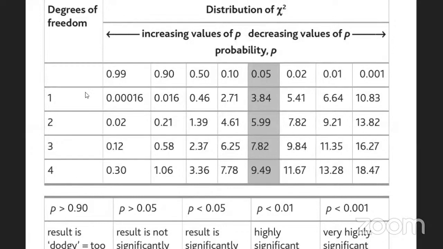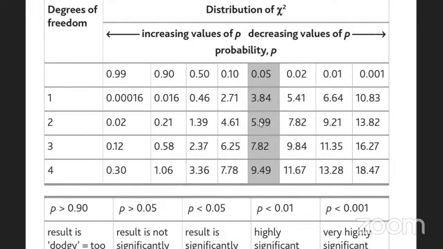Let us say your degree of freedom is 2. You're going to find where it intersects the 0.05 probability. You look at this value here, and based on what we calculated, we're going to see if it is greater than the 5.99 or less.